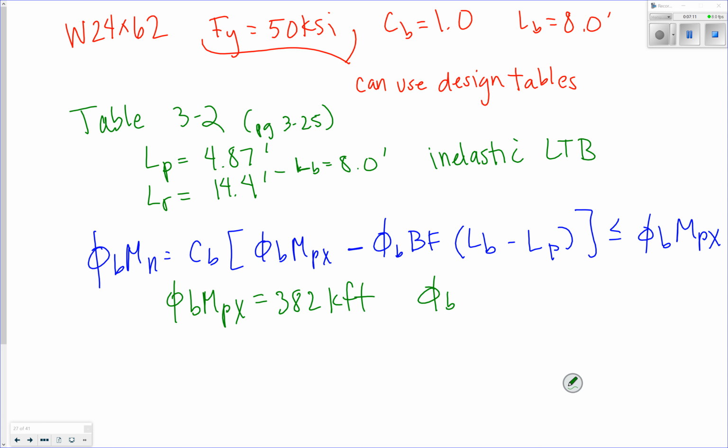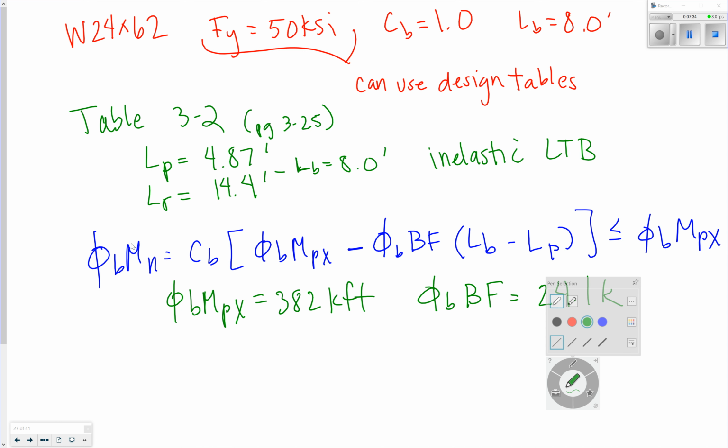And my little interpolation factor, Phoebe BF, sounds like Phoebe Buffay. You guys are way too young to know what Friends is, but it was a show back in the day. It's 24.1 kips.